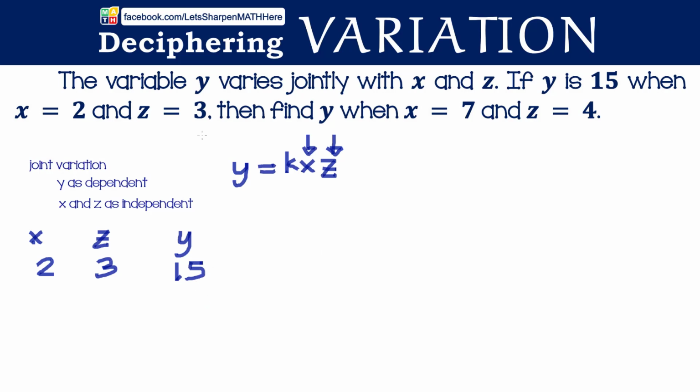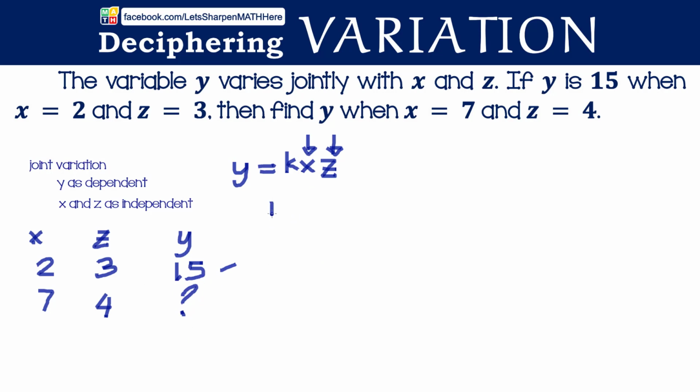The next are the different values that follow. We are going to solve for y, that's what's unknown, when x is 7 and z is 4. So let's use the first values to solve for k before we could solve the unknown.